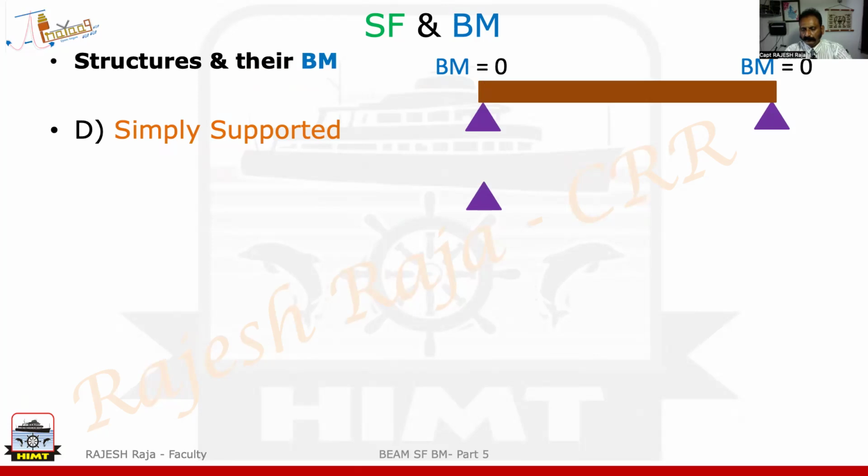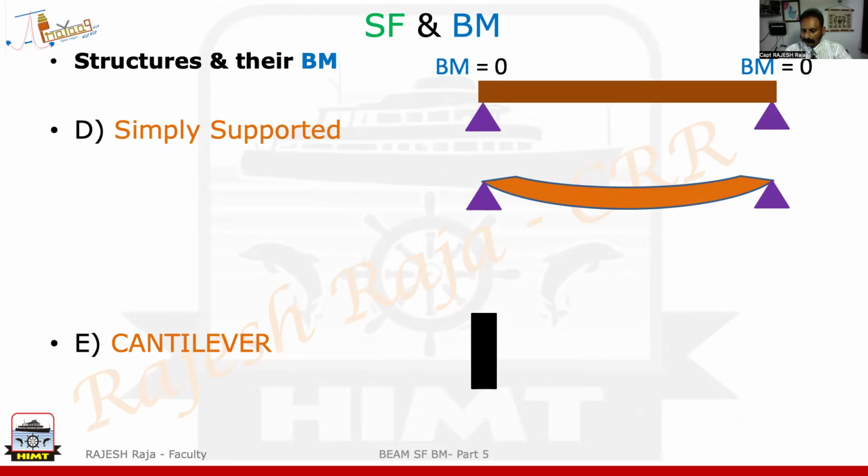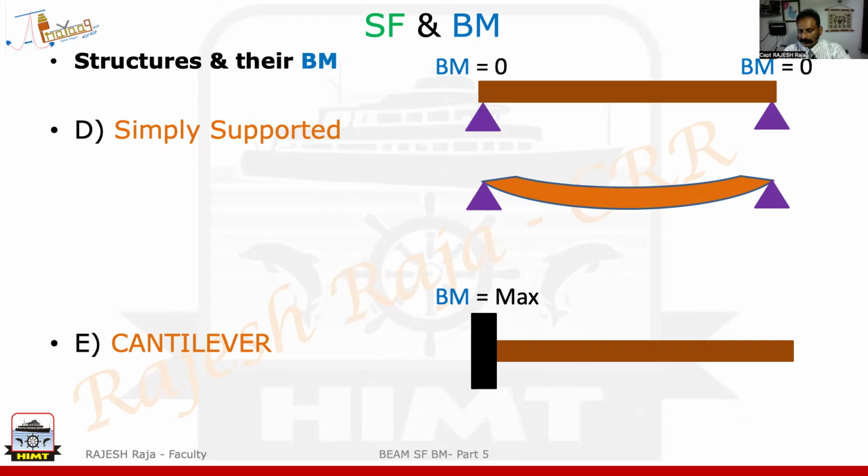And this beam is going to behave like this. Let me go to cantilever. The left side of the structure is fixed. It does not allow you to move. So you will see the BM is max at the fixed end. BM is 0 at the free end.